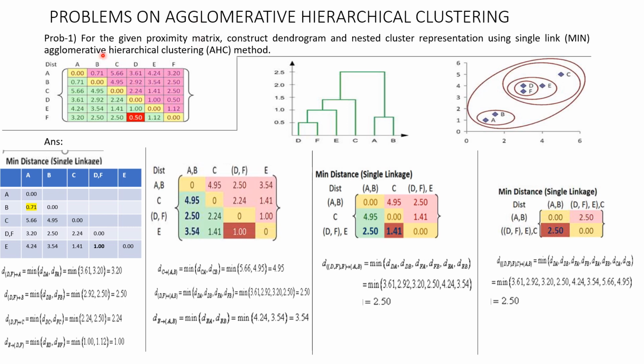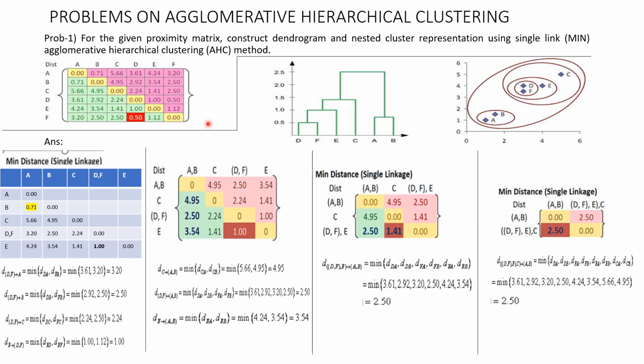These points A, B, C, D, E, F are given, and these numbers represent the distance between each of the points. For example, 0.71 represents the distance from B to A. 5.66 represents the distance from C to A. Like that, 2.50 represents the distance from F to B. Now your job is to cluster these points using the single link or min method of the agglomerative hierarchical clustering technique.